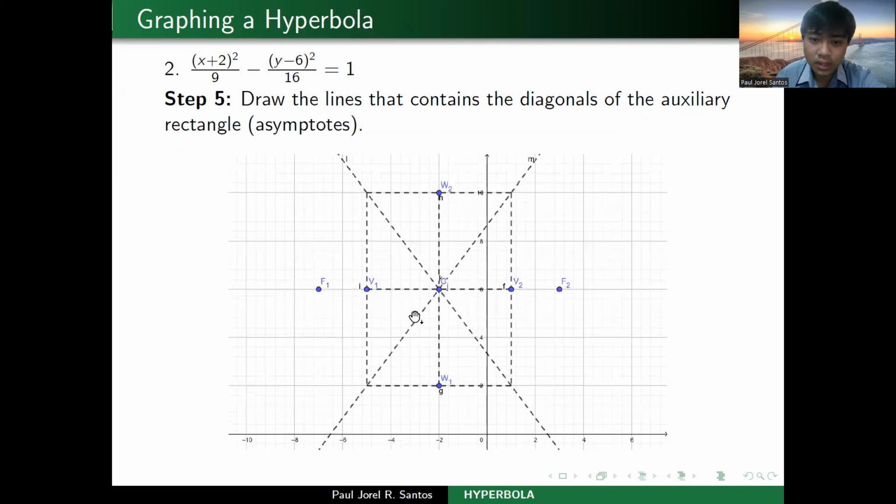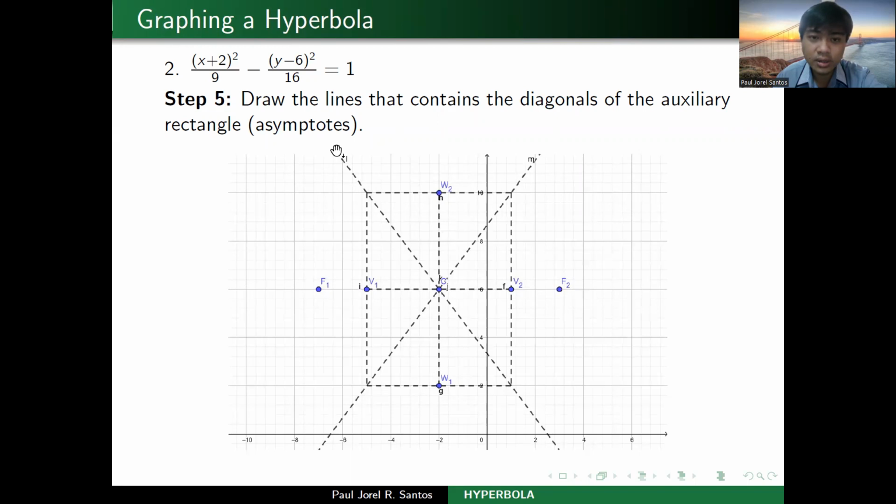This one, the line that rises from left to right, is y equals 4/3 x plus 26/3.